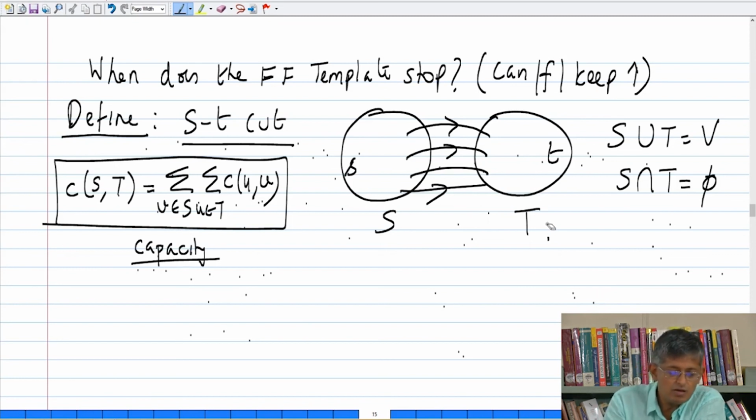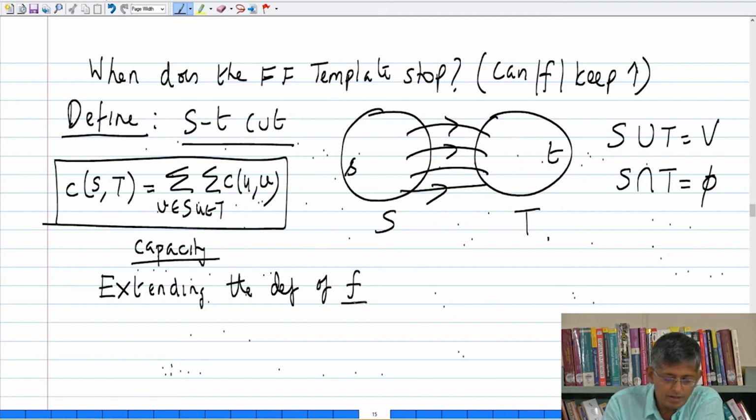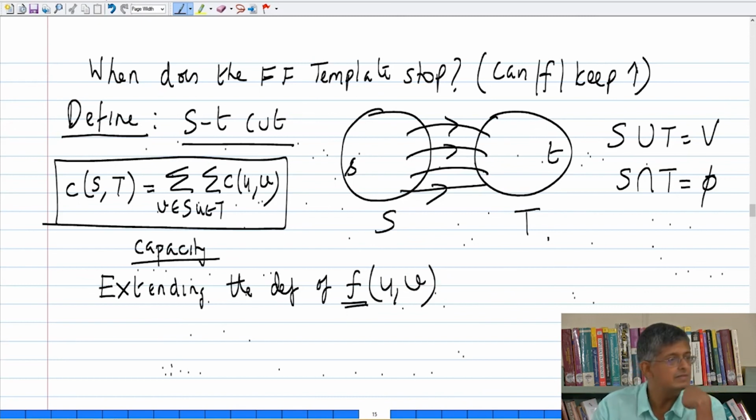So now I am also going to define, I am going to extend the definition of f. Recall that f is a function which is defined only for pairs of vertices. Now I am going to define it for cuts also.